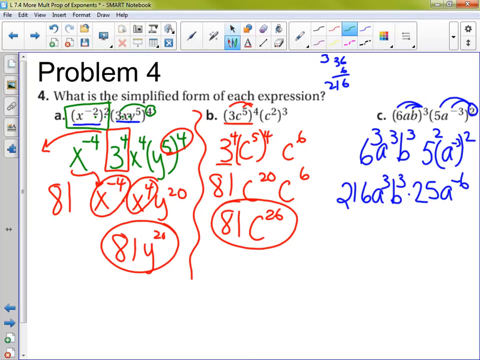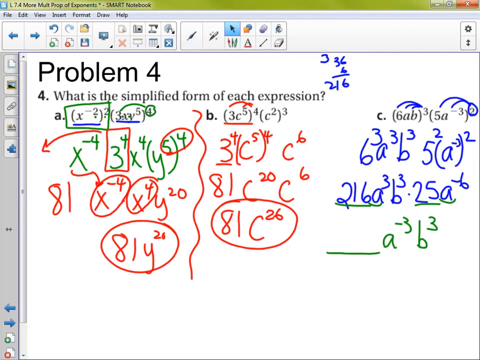So I have two numbers in this problem, 216 times 25. I'm going to write the answer to that out front. A to the third times a to the negative 6th is a to the negative third, and b to the third. 216 times 25 is 5,400.